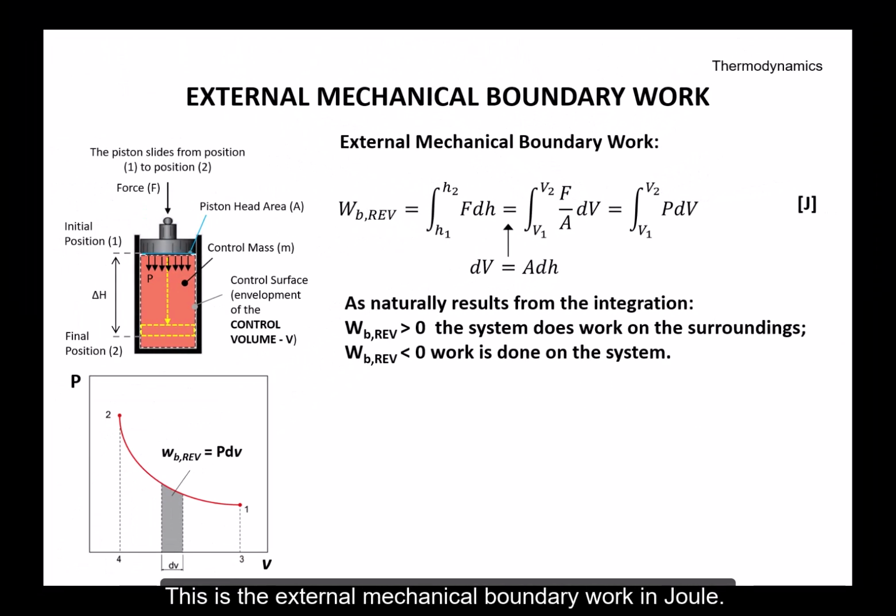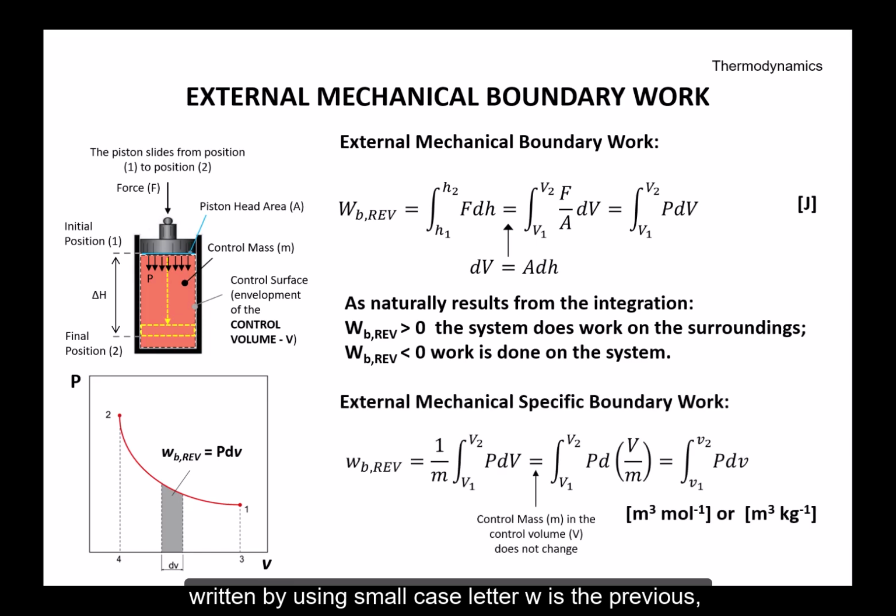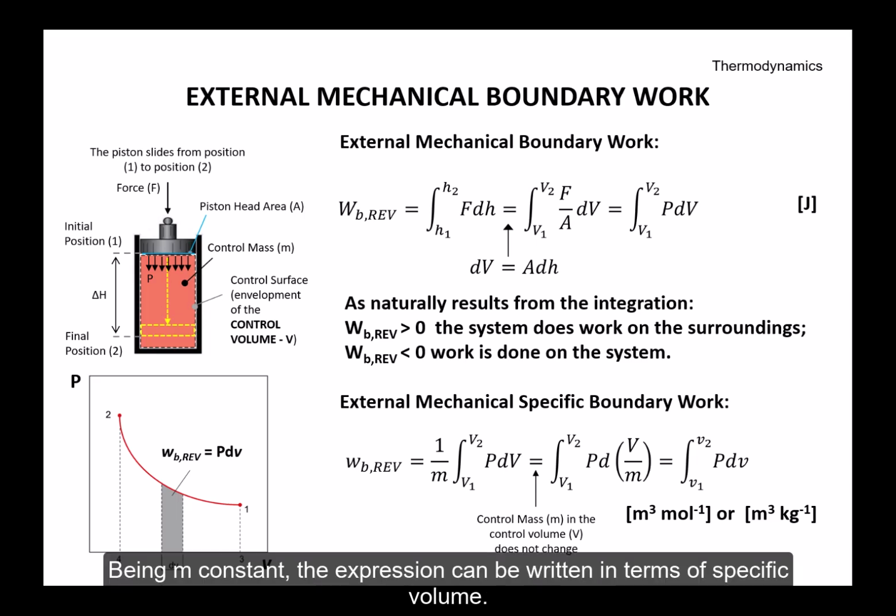This is the external mechanical boundary work in Joule. Its specific counterpart, written by using a lowercase w, is the previous divided by the control mass M. Being M constant, the expression can be written in terms of specific volume.